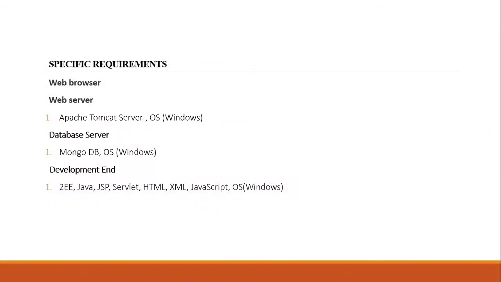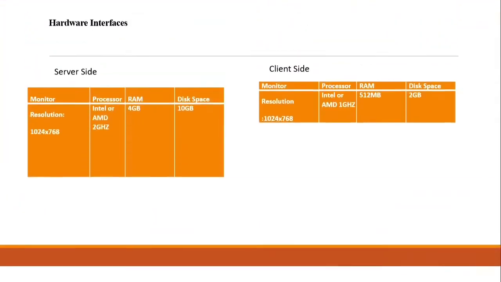Then we need a database, MongoDB, and there are more databases such as MySQL that can also be used. On the developer end we can use Java, JSP, servlets, HTML, XML, JavaScript, and operating systems Windows, Linux, and Macintosh can also be used to create this kind of application.